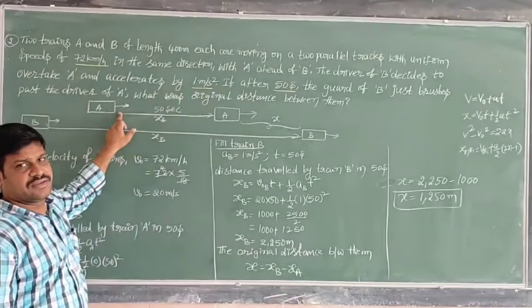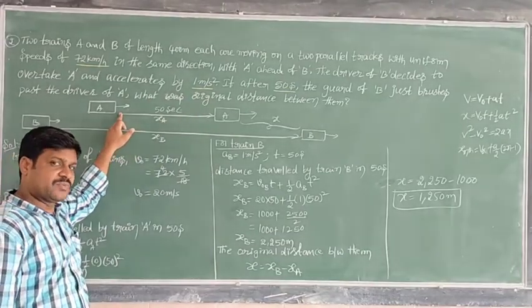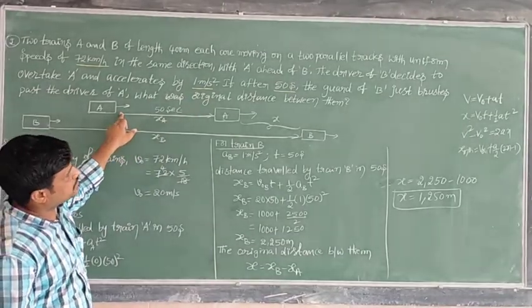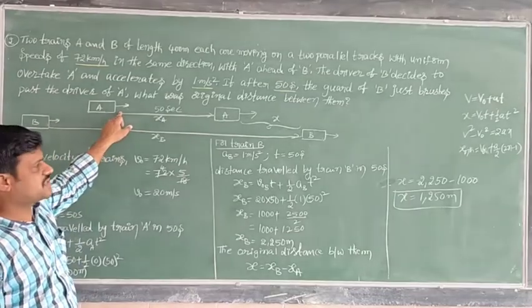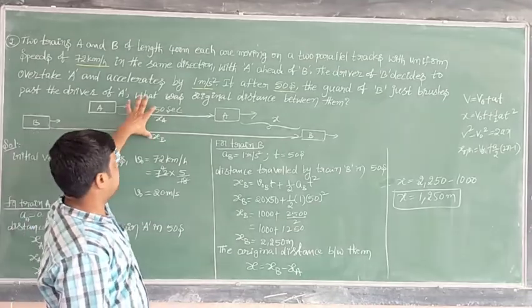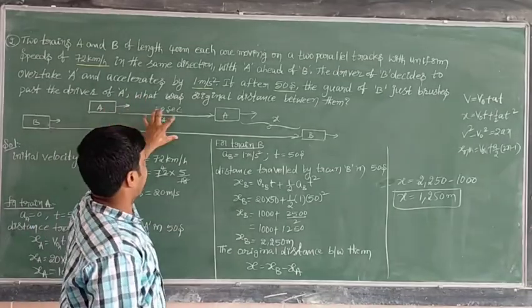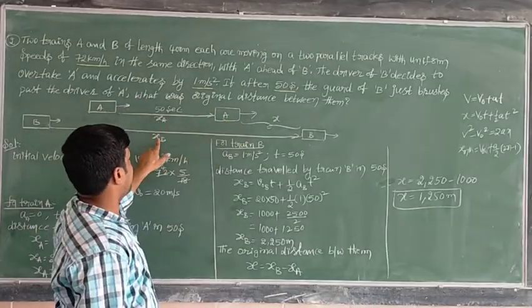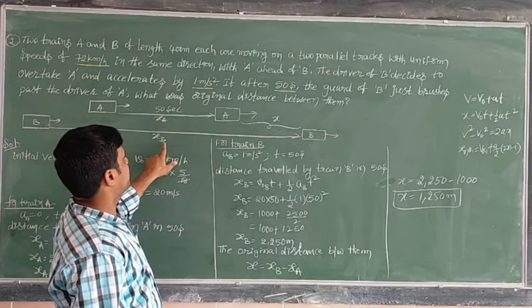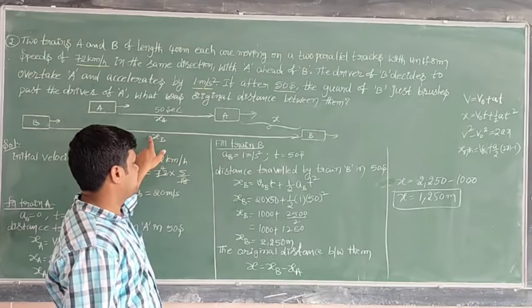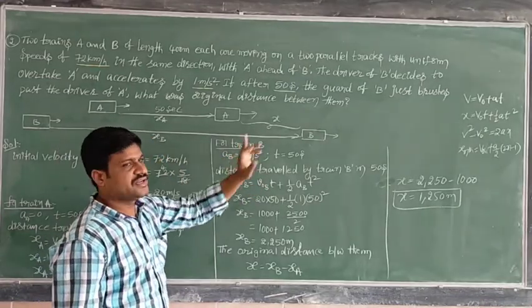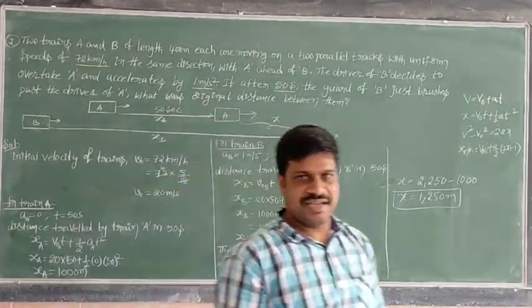But train A is moving with constant speed only, that means uniform speed, and uniform speed means acceleration is 0. After a time of 50 seconds, the distances traveled by the two trains are XA and XB. If you subtract XA from XB, you may get the original distance between the two trains.